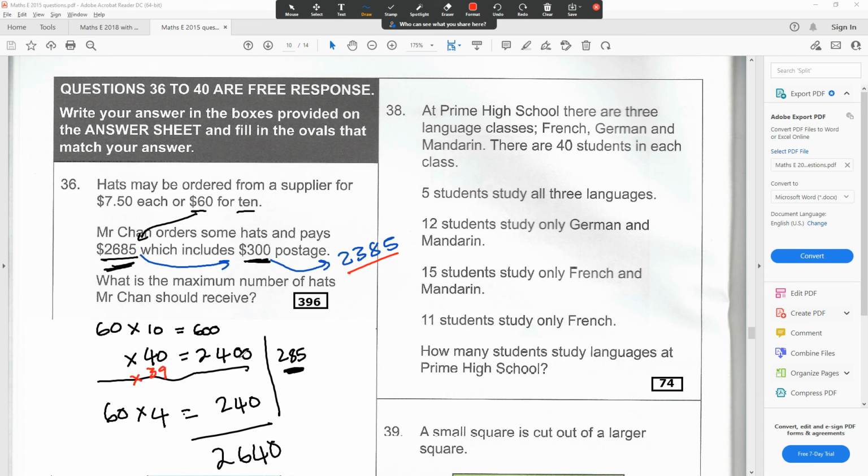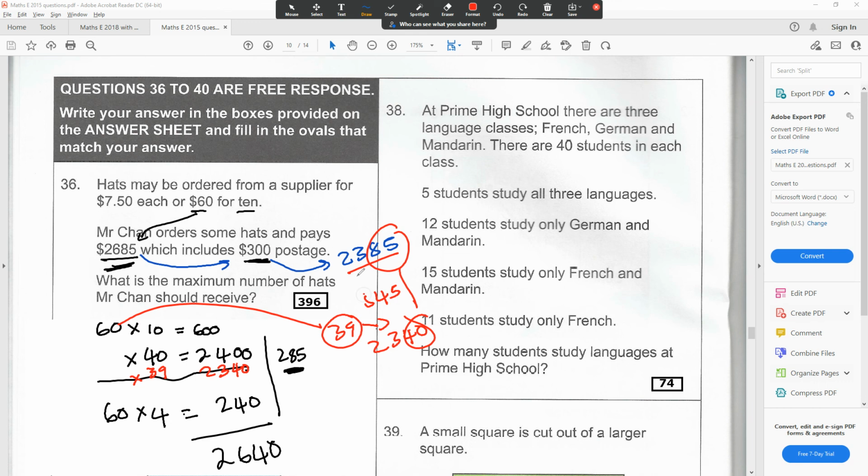It's going to be 2400 minus 60, which is 2340. So 39 times 60 gets me 2340. Okay? That leaves me with a $45 difference between the two from there.